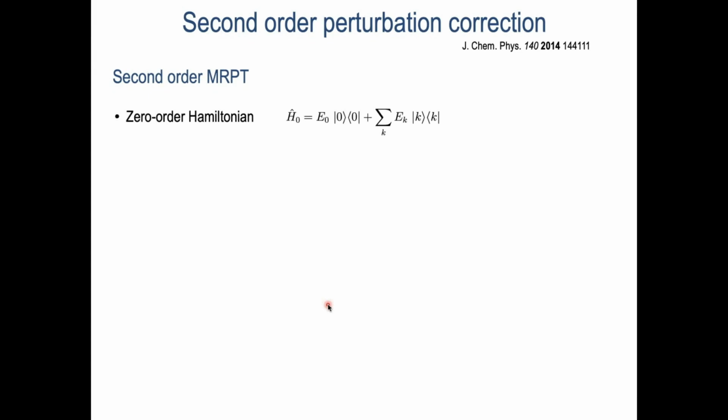Let me start with the second order correction to the RASCI wave function.